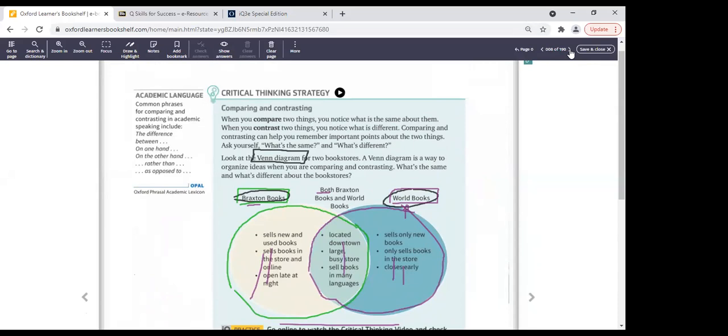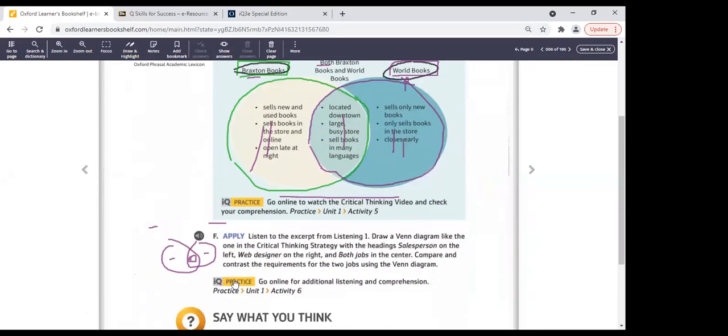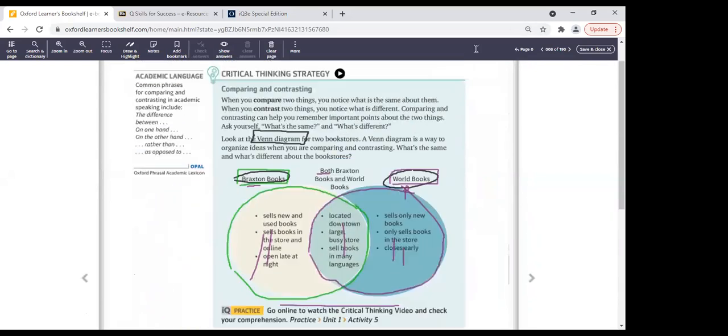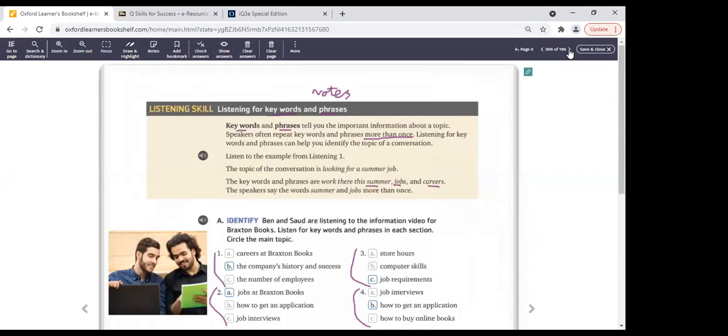Yes, you use the Venn diagram in maths. And if you want to, you can later on listen to this. You have access to the audios, so you can always do that activity. Then on the next page, page 9, we looked at a listening skill.